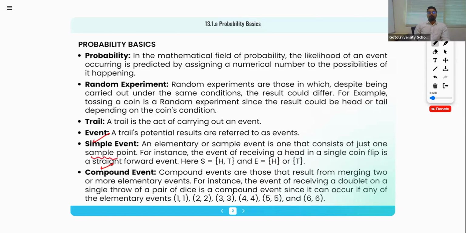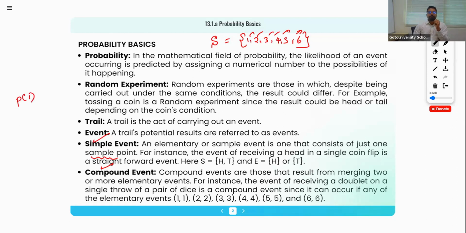What is the sample point? I said sample space, right? Sample space has multiple outcomes, the set of all the outcomes. That is the sample space, for example for throwing a die. If I take only one outcome and convert it to a probability, an event, that kind of event is called a simple event.